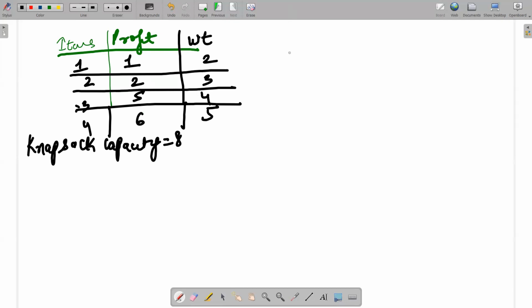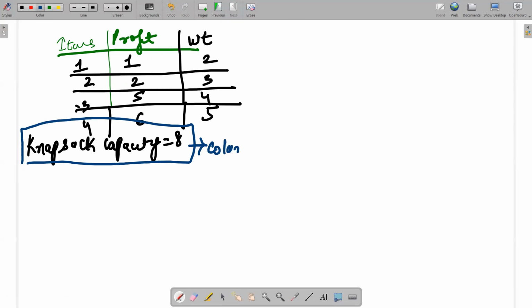Knapsack capacity is given. So guys, if I have to solve it using dynamic programming, the knapsack capacity is a very important point. We will put it in the form of columns.